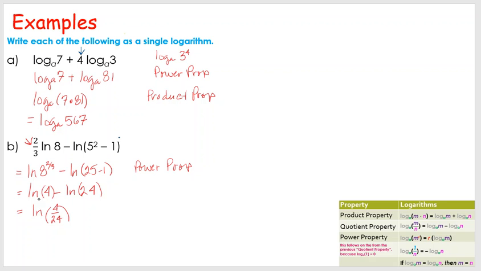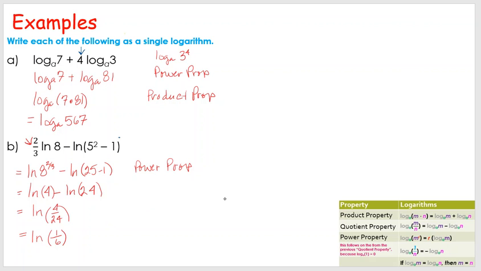And we know that our base here, since it's a natural log, is e. So what I can do now is go ahead and simplify that. 4 will go into 24 6 times. So now I have a natural log of 1/6.